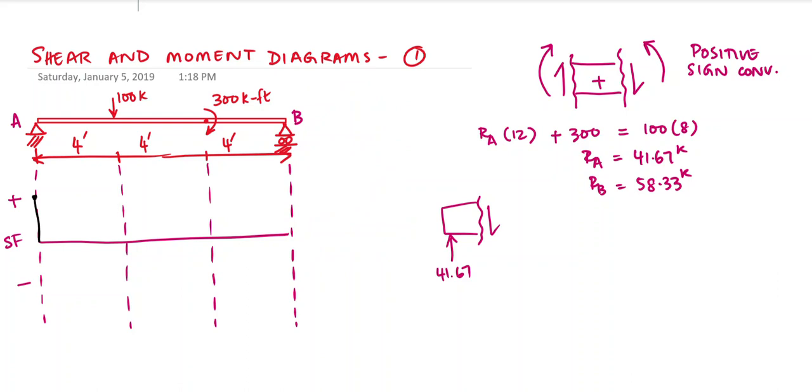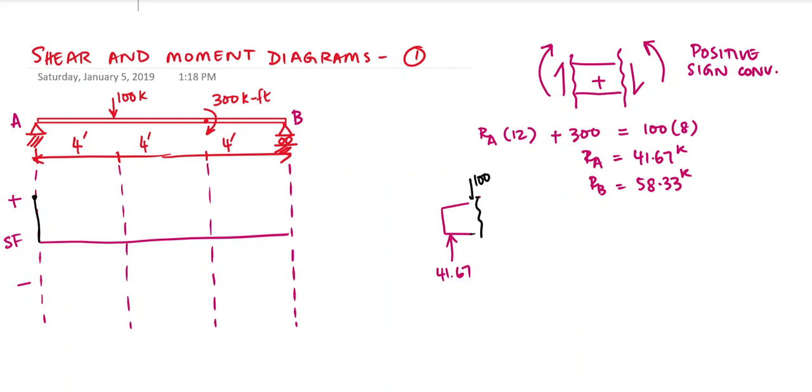Moving to the right, now there is a 100 kip load at a distance of 4 feet from that support. So if you go just to the right of that load, then you will have a 100 kip load acting down. Therefore, to counteract that, there has to be now 58.33 kips acting up.